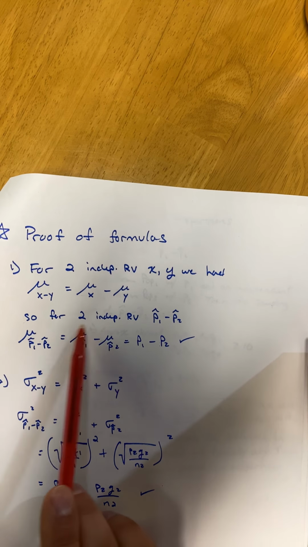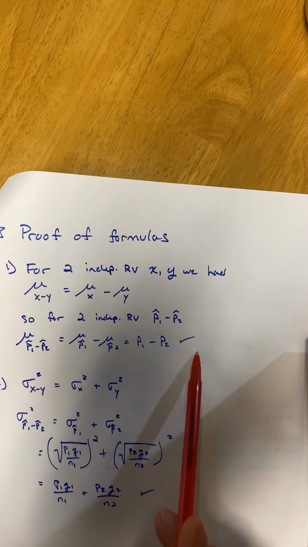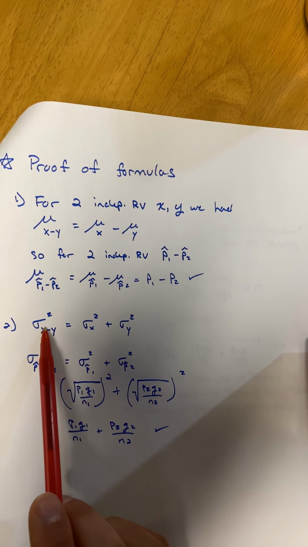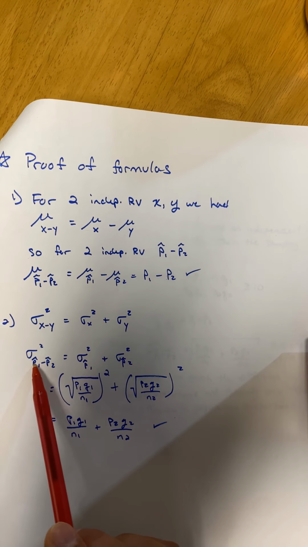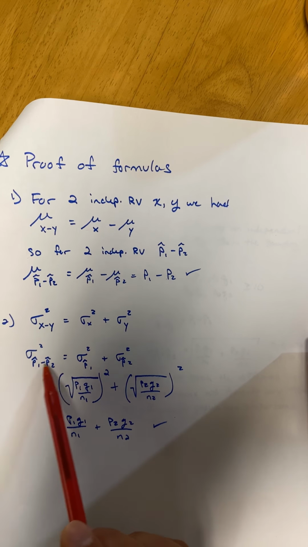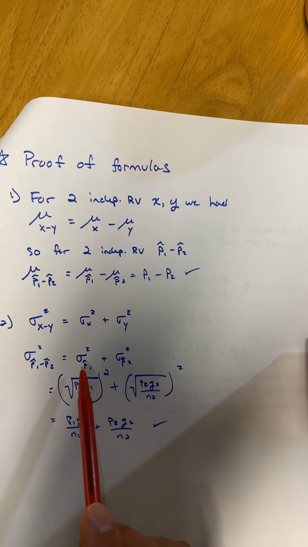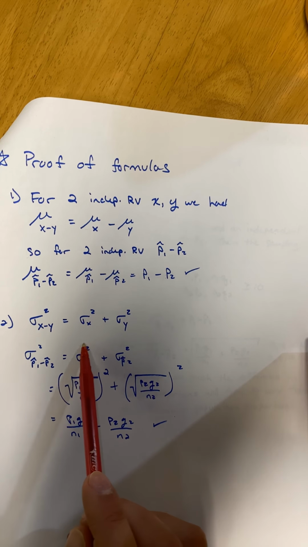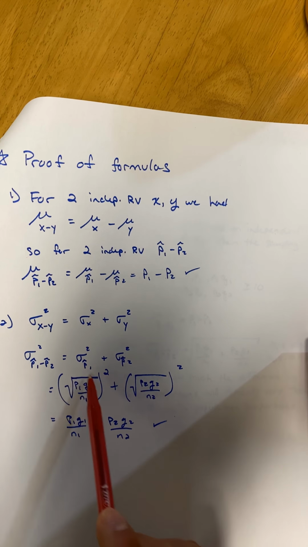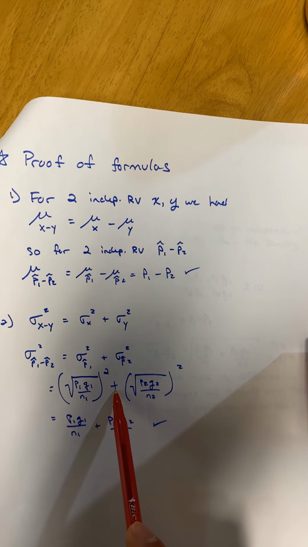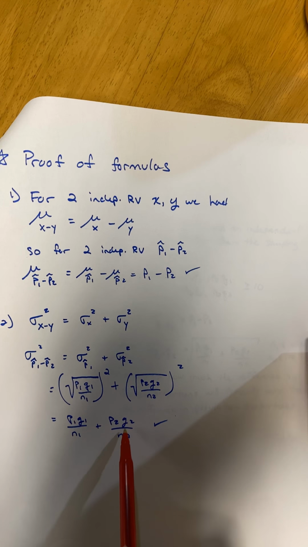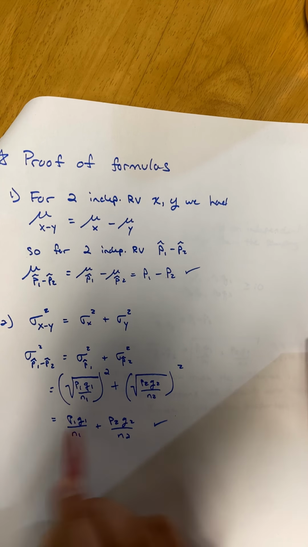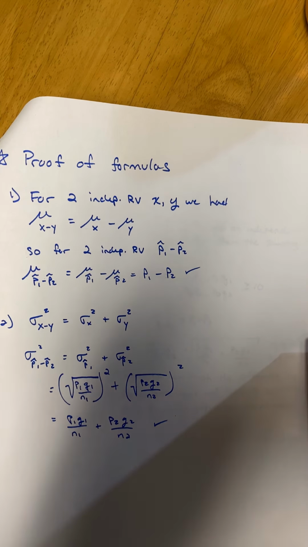And the mu of p hat 1 is just p1 minus p2, so that's the mean. Standard deviation, when you subtract them, you're actually adding the variances. Now in chapter 6, this variance was this formula plus this formula. Then you undo them, you get this. So then the standard deviation would be the square root of that. So they come from somewhere.